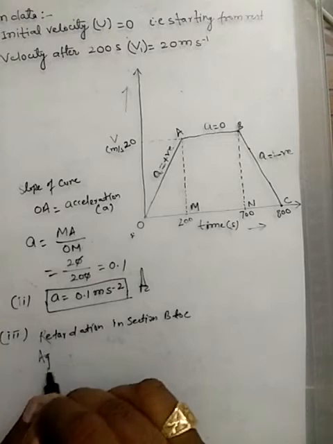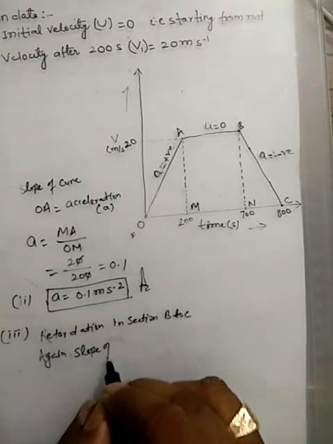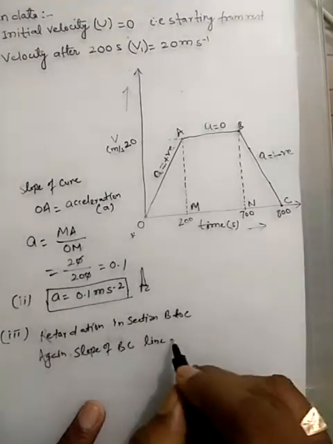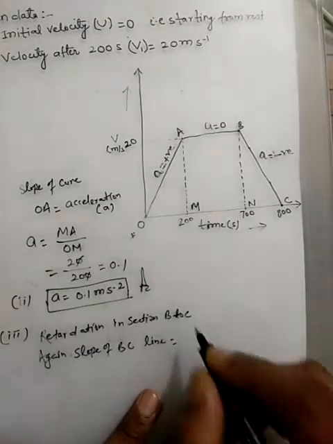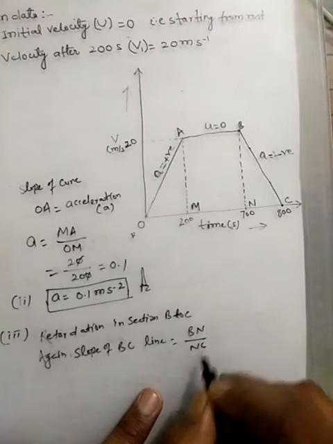again it is represented by the slope of the BC line, and the slope of the BC line will be equal to BN upon NC.